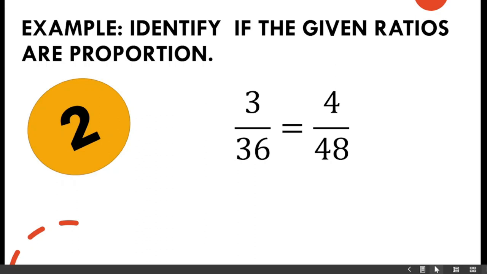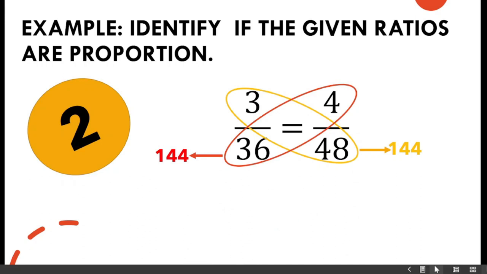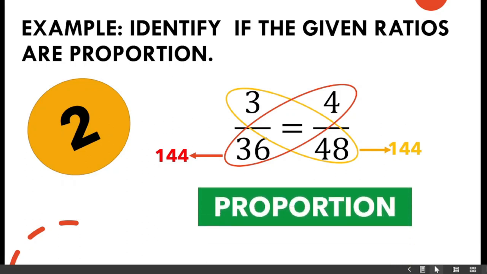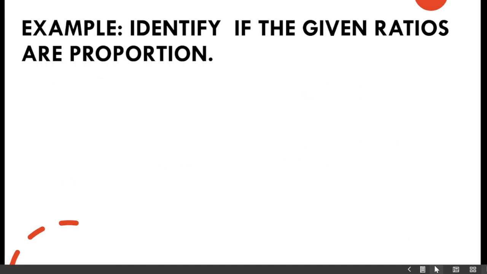Then, we multiply 3 times 48 is equal to 144, and 4 times 36 is also 144. Therefore, the products of means and extremes are equal. Therefore, the given is a proportion.